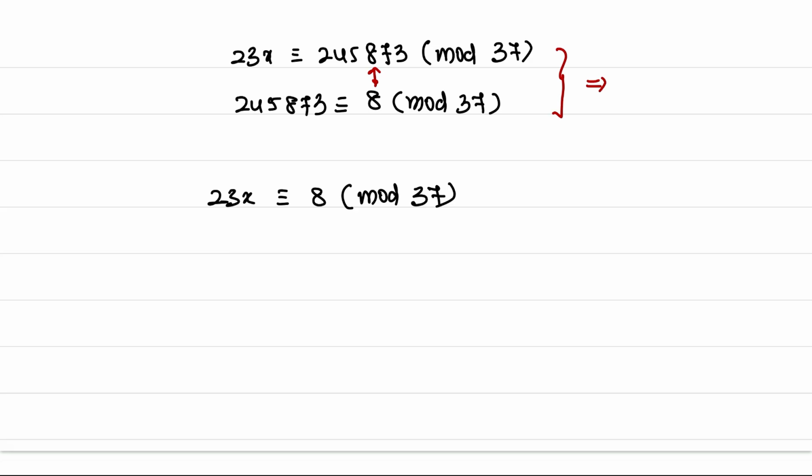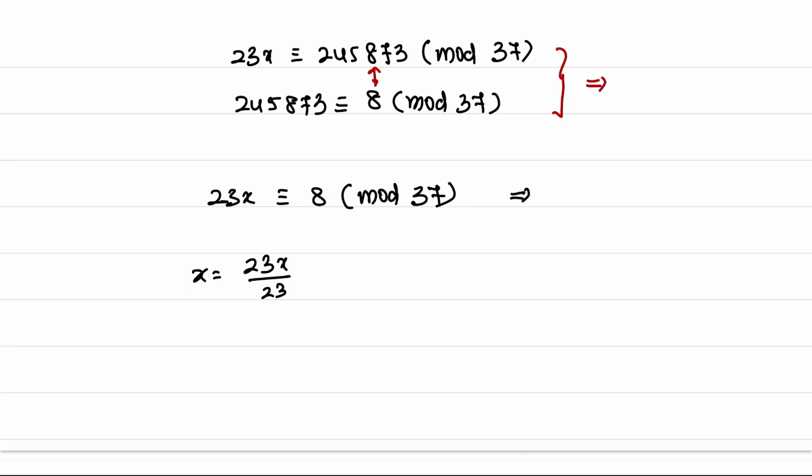Now, we have to find x. We are not interested in 23x. In regular arithmetic, x is equal to 23x divided by 23. You agree?